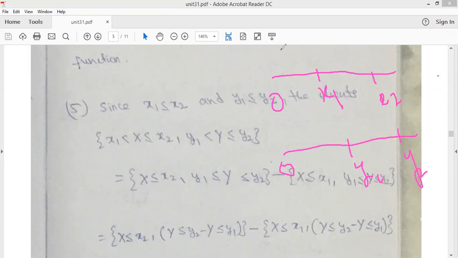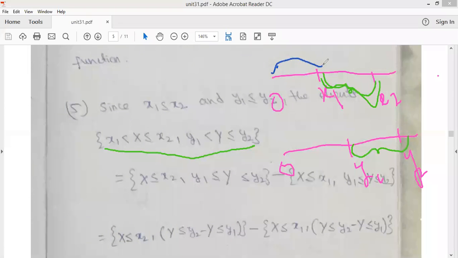Okay, so from this, what is the range here? Just observe this. This can be written as x1 less than x less than or equal to x2. It means we are interested in this range, x1 to x2. What is the y range? The y range is also given as y1 to y2. So how do we get this range, x1 to x2? We get this range by taking the complete x2 minus x1.